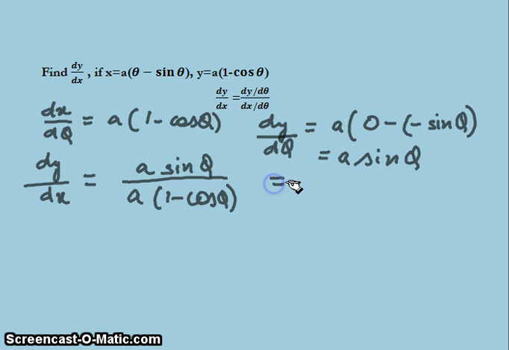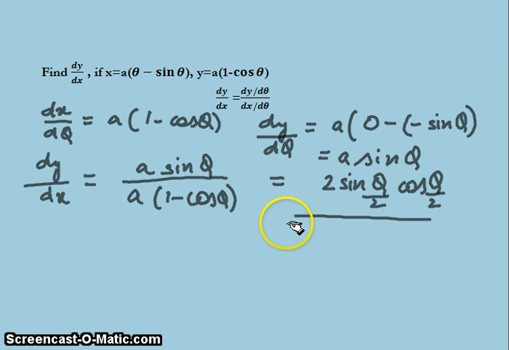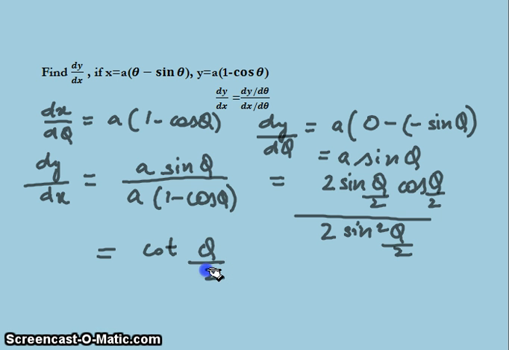This is equal to 2 sine theta by 2 cos theta by 2 divided by 2 sine square theta by 2. Thus we have dy by dx equal to cot theta by 2. Thus the value of dy by dx of this parametric function is equal to cot theta by 2.